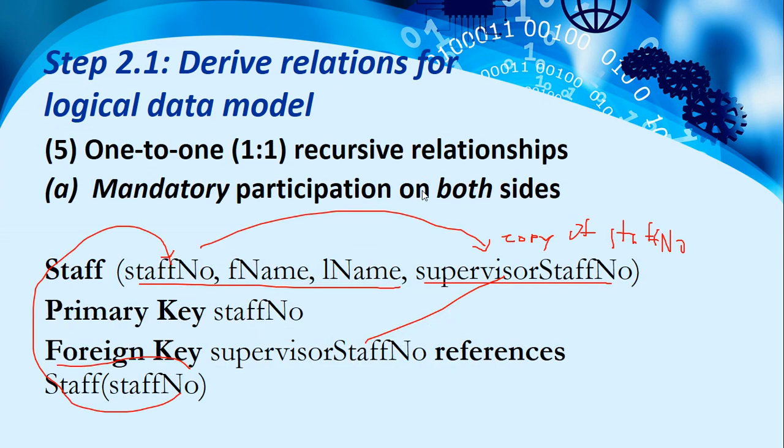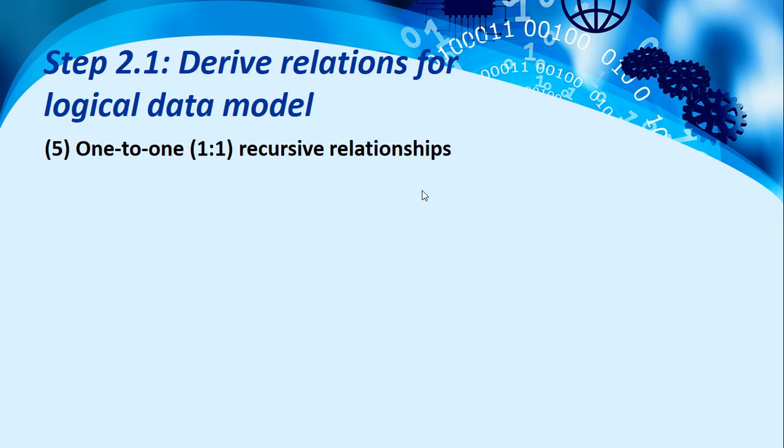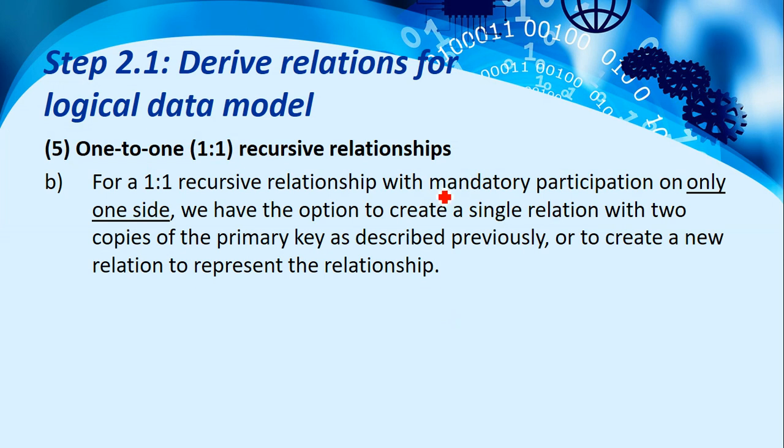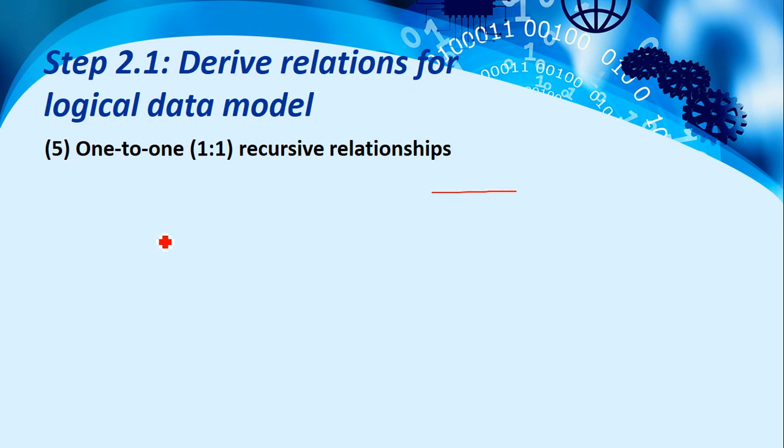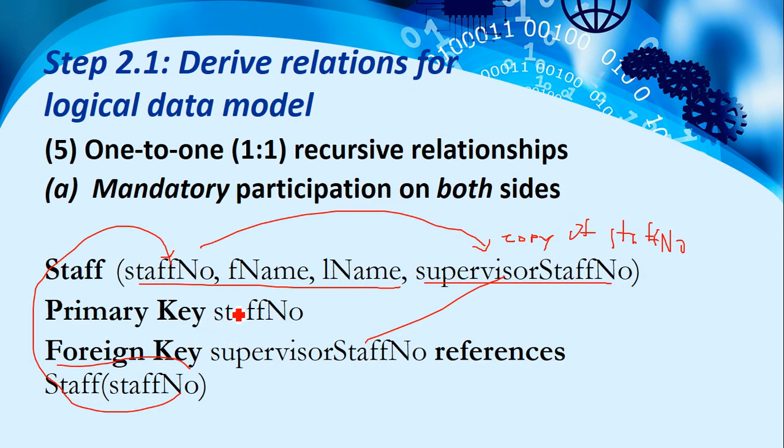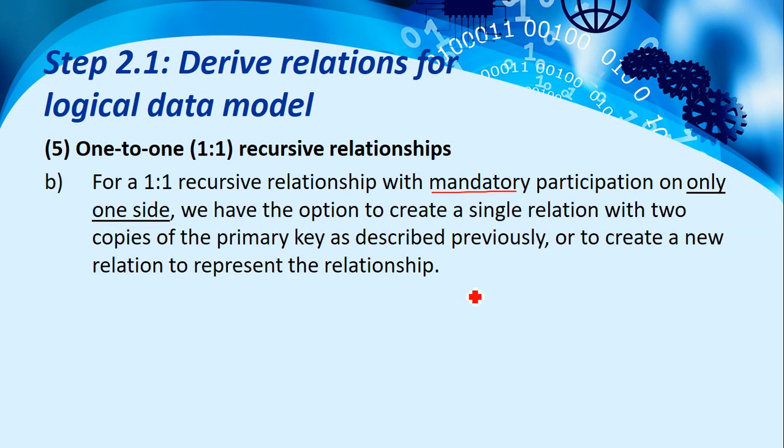Okay, so next, what if it is the same, but this time mandatory on only one side? We have the option to create a single relation as described previously. So our solution can still be the same, or you have the other option to create a new relation to represent the relationship.